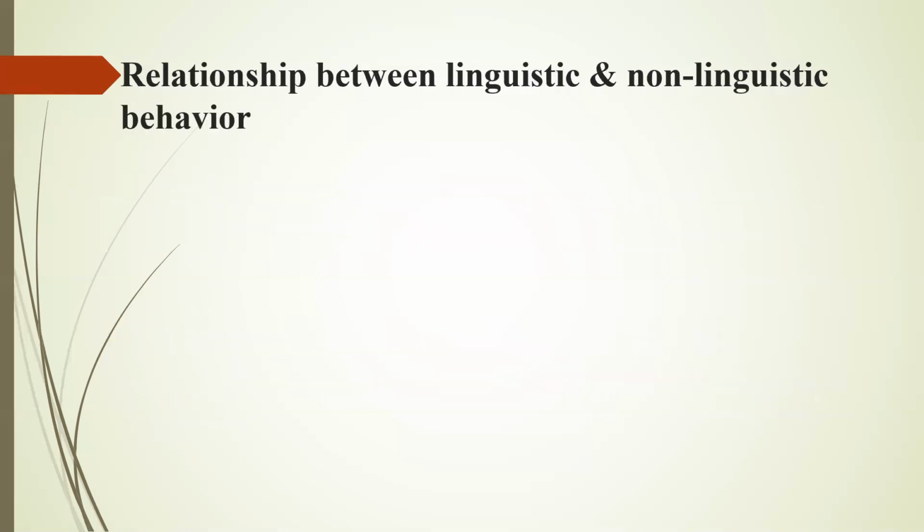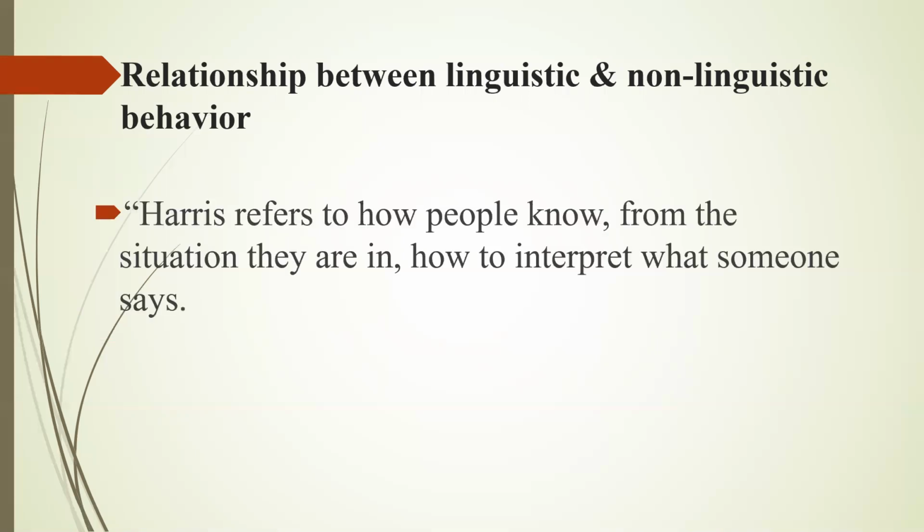The relationship between linguistic and non-linguistic behavior. So this was the second focus of Harris. Harris refers to how people know from the situation they are in how to interpret what someone says. When we try to interpret something in a particular situation, we are not only dependent on linguistic resources.